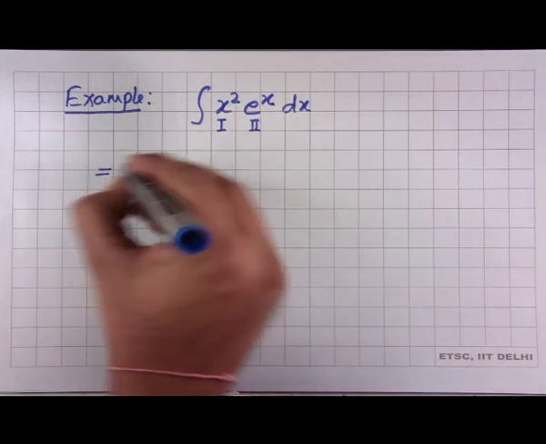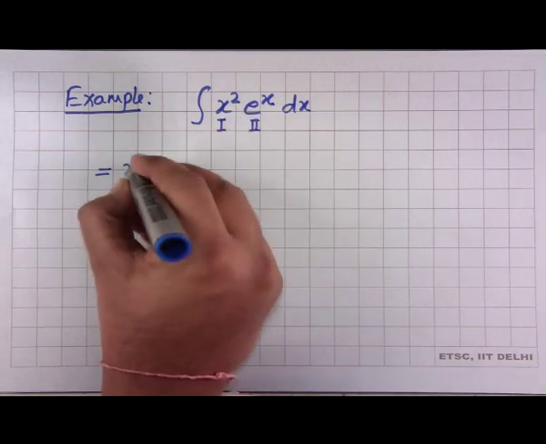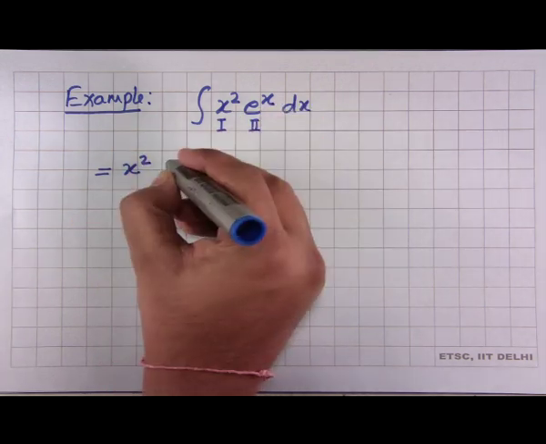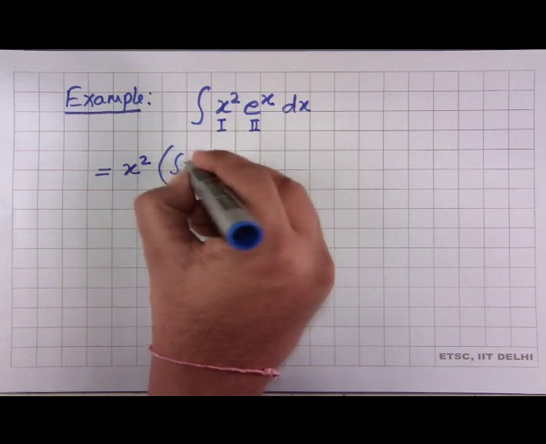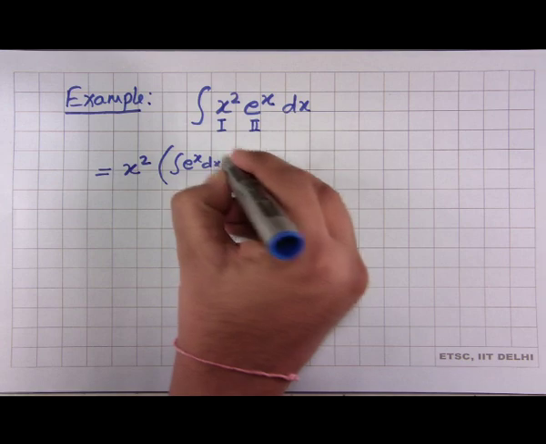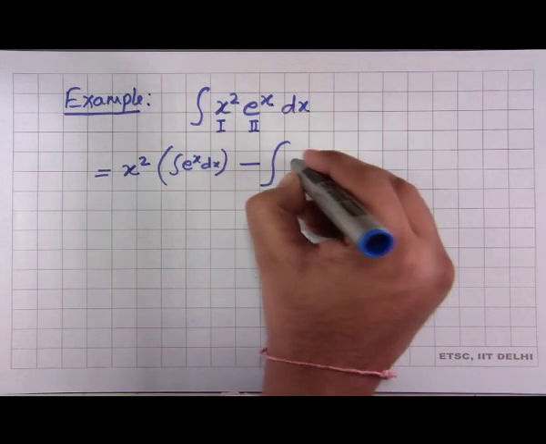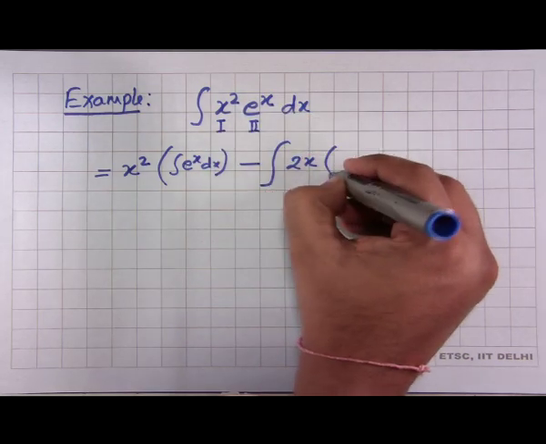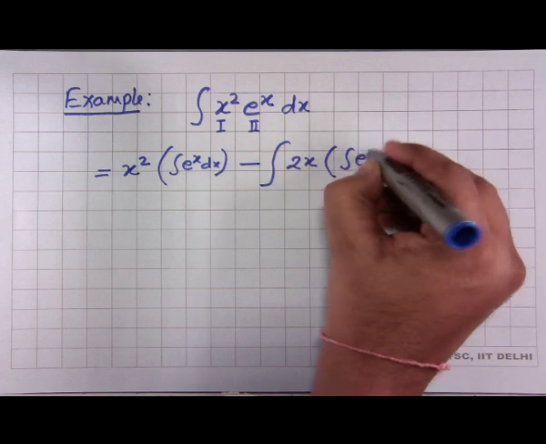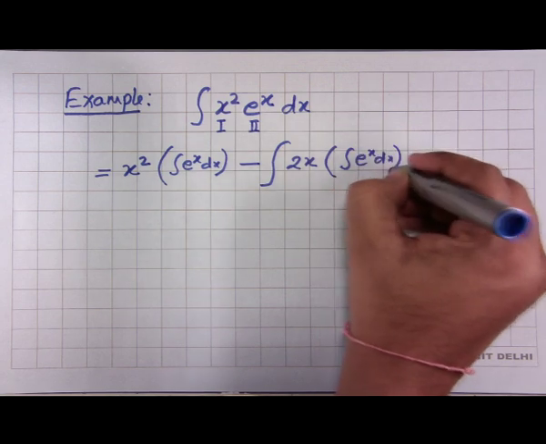So, the integral will become first, x square, integration of the second function e raised to power x dx, minus integration of differentiation of the first function, this is 2x, integration of the second function e raised to power x dx, and then dx.